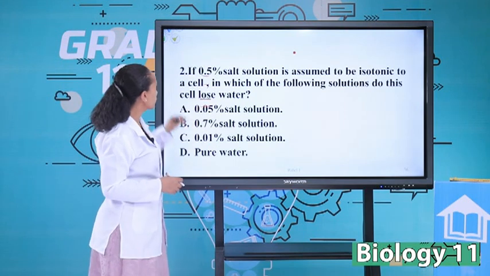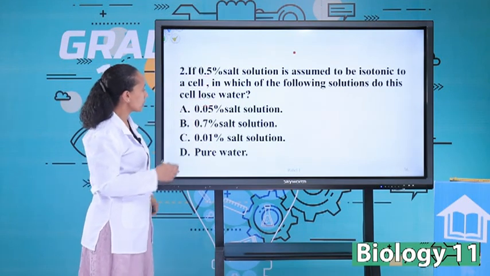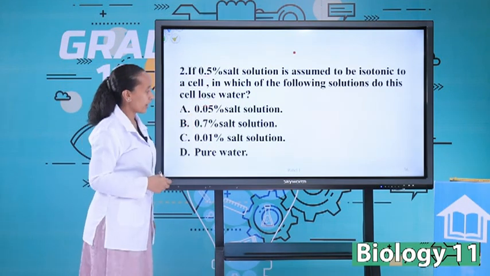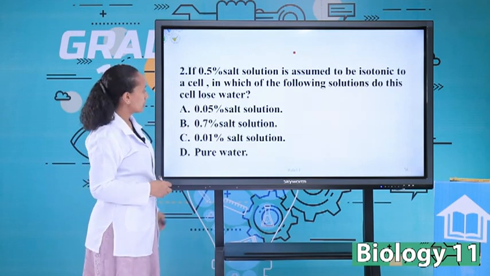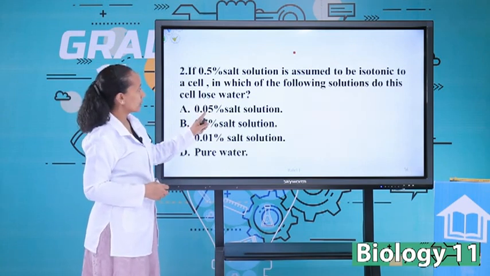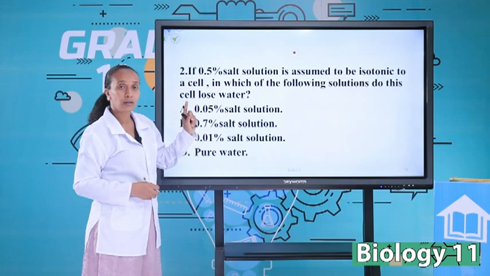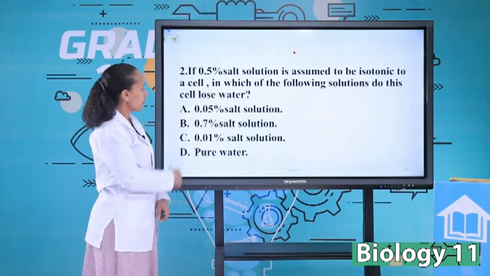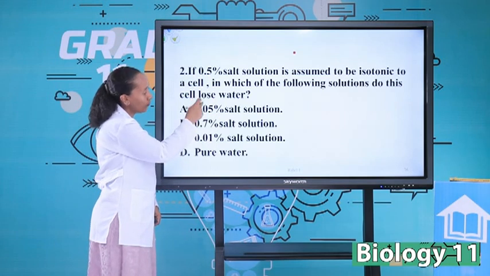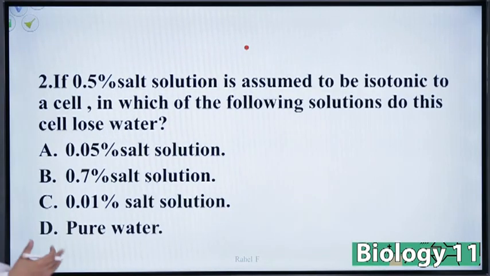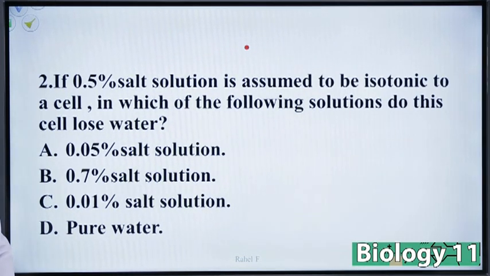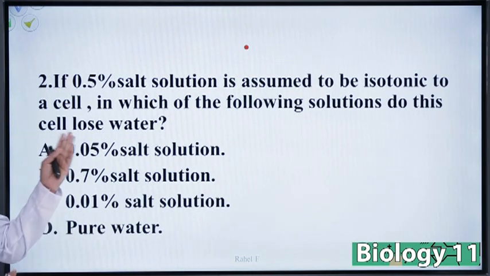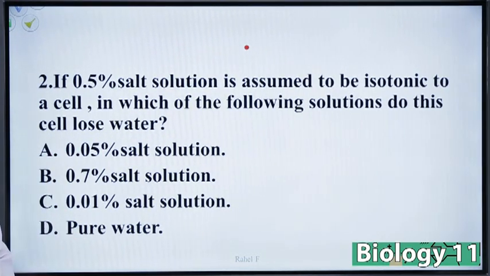Therefore, when we come to the choice A, 0.05% salt, this salt solution cannot be hypertonic for our ideal cell, because having 0.05% salt means more dilute solution. If you look at 0.7% salt solution, it contains more salt than the ideal isotonic solution.